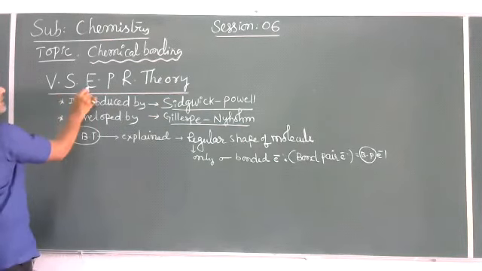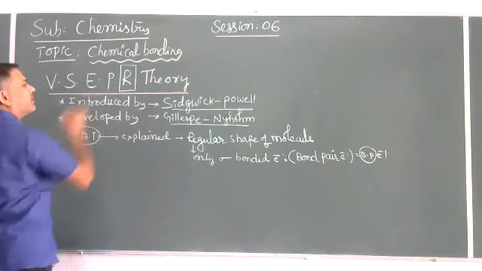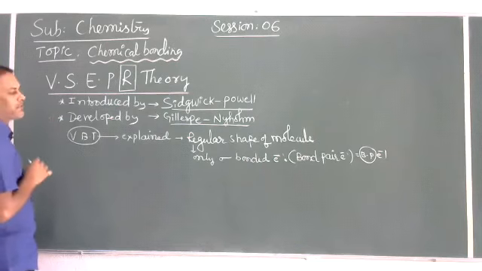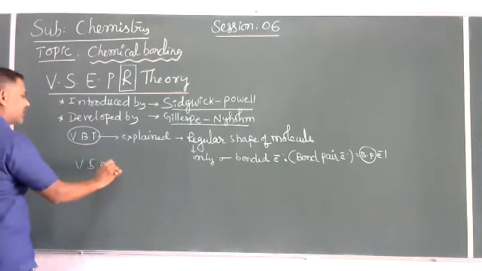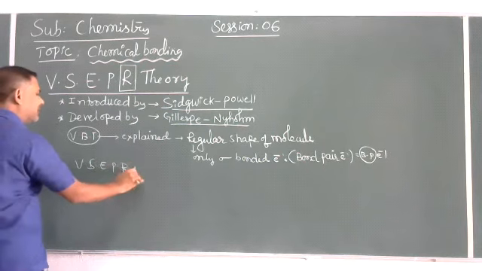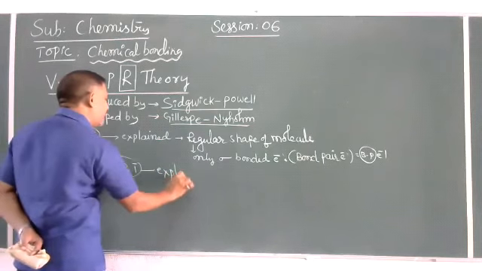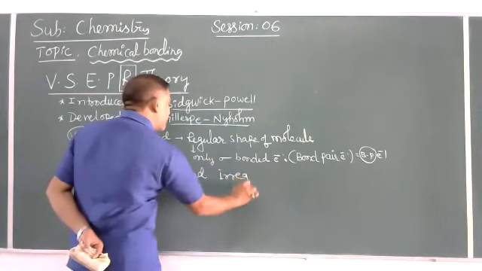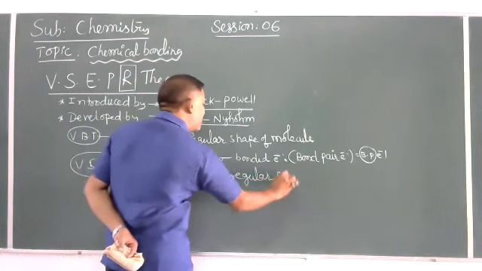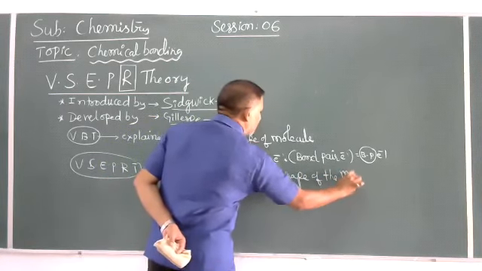valence shell electron pair repulsion theory, the important word is repulsion. According to this theory, due to the presence of non-bonded electrons, the irregular shape of the molecule is explained.